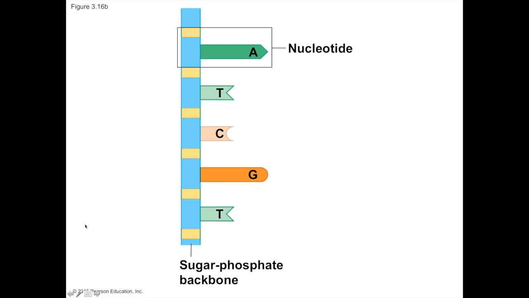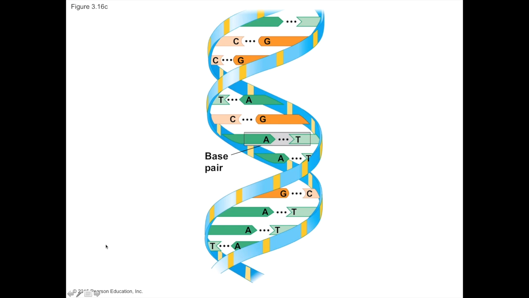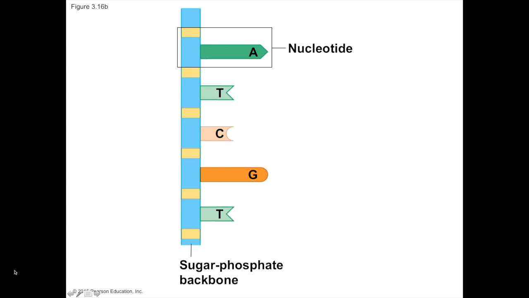Let me just draw something here to make this clear, because I don't think this picture is 100% clear. Remember when I was showing you, let me go back. My pen's not working. Select it again. Nope, that's not the one I want. This one. All right, so here's my nucleotide, right? And let's say I'm just going to draw T, how they have it drawn here. Like this. It's an ugly one. All right, what happens here?